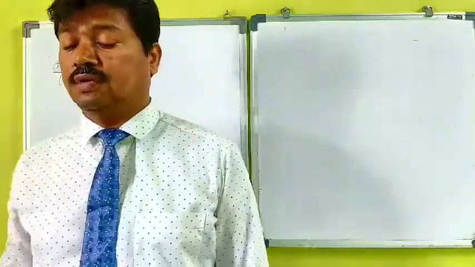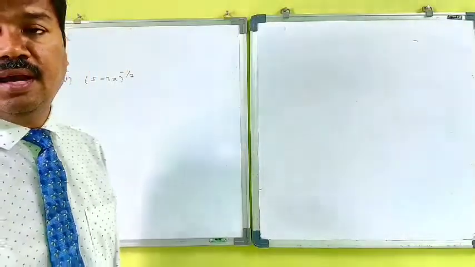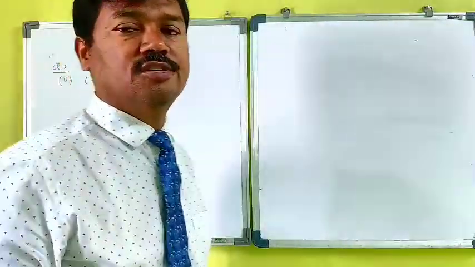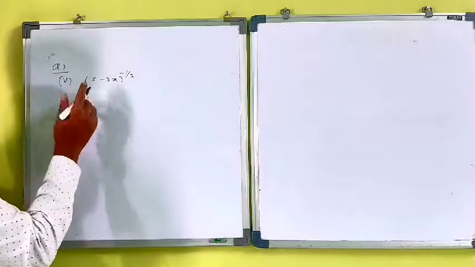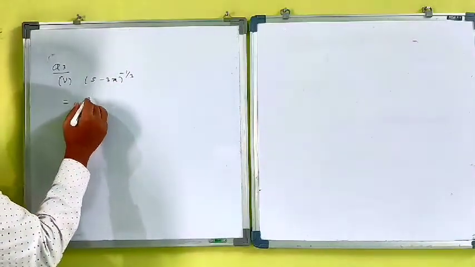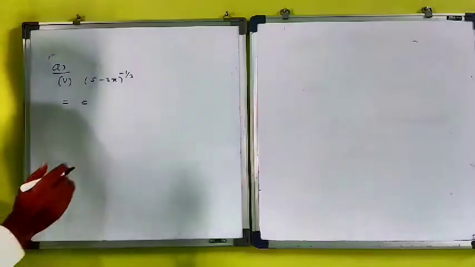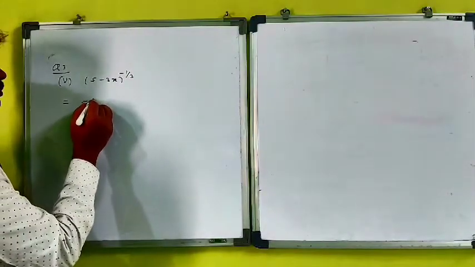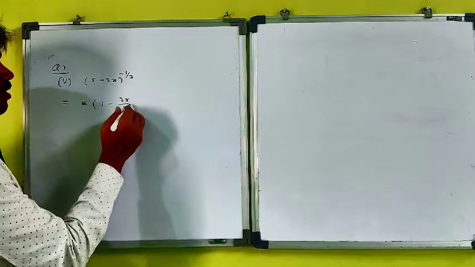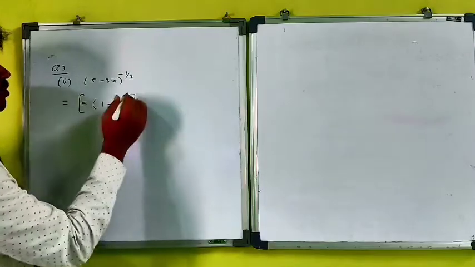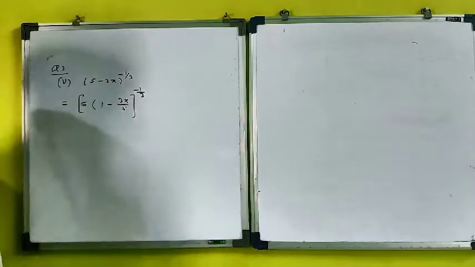In this question, they will again ask you to write down the first 4 terms. The procedure is the same, there is no difference. Make 5 common here. What will remain inside? Inside will remain 1 minus 3x upon 5, and then the whole is raised to minus 1 by 3.